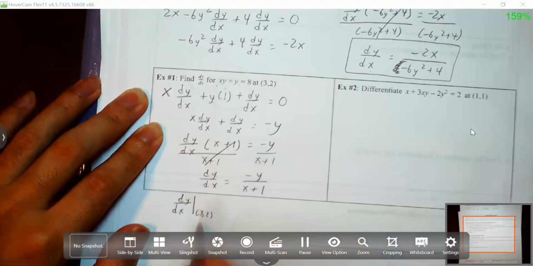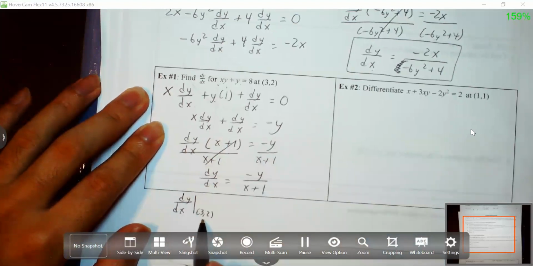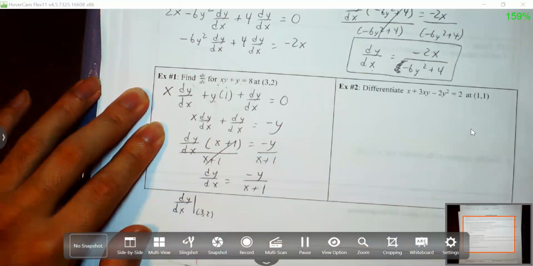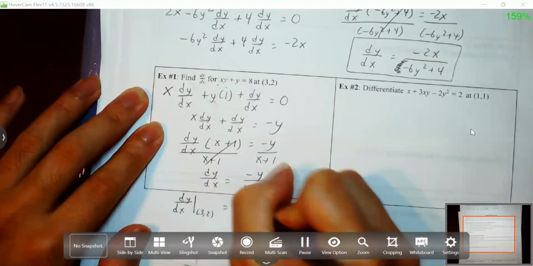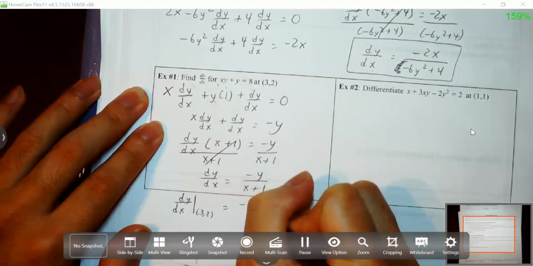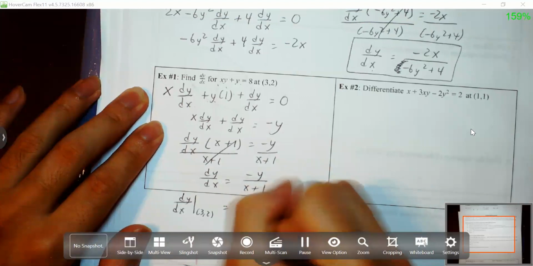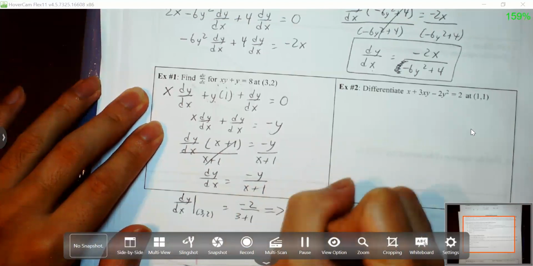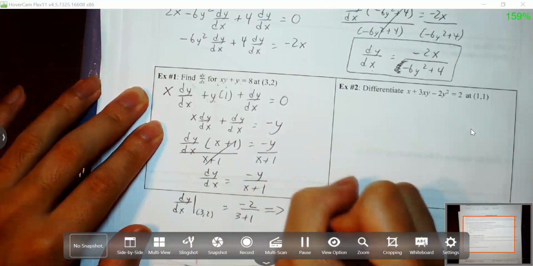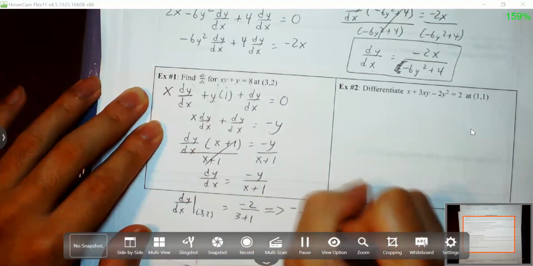This is the notation for the derivative at (3, 2). And so we just plug in those numbers. That's equal to negative 2 over 3 plus 1. And that's equal to negative 2 over 4, which is negative 1/2.